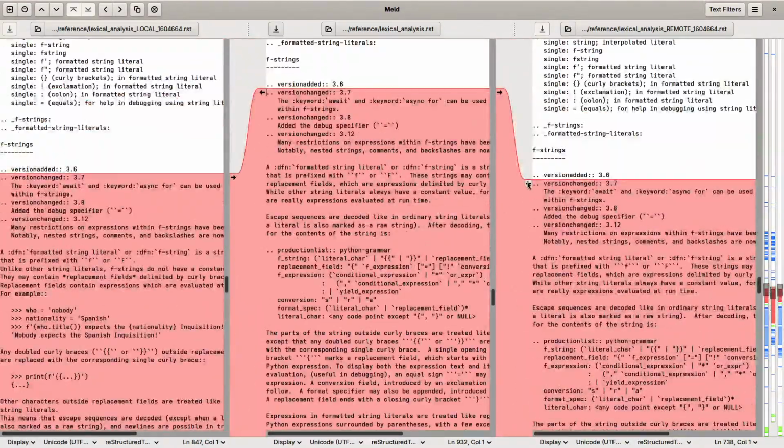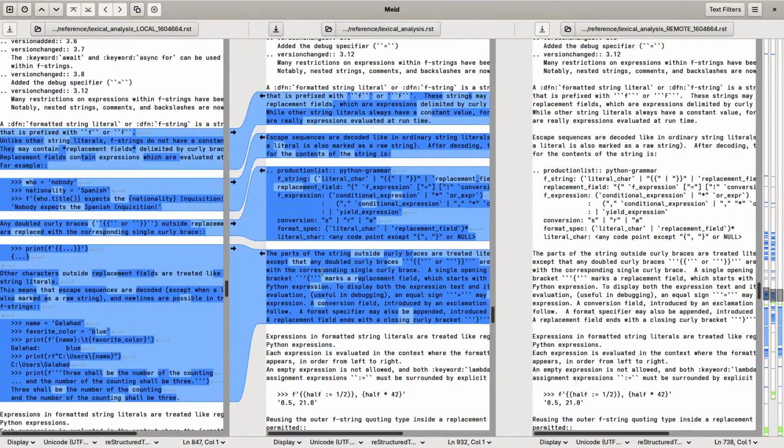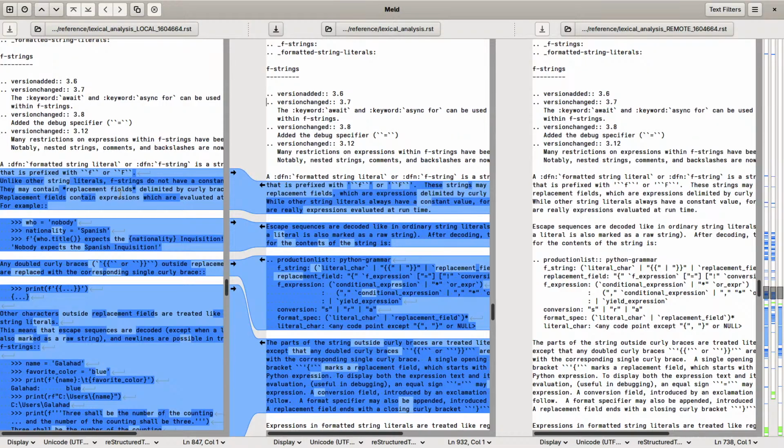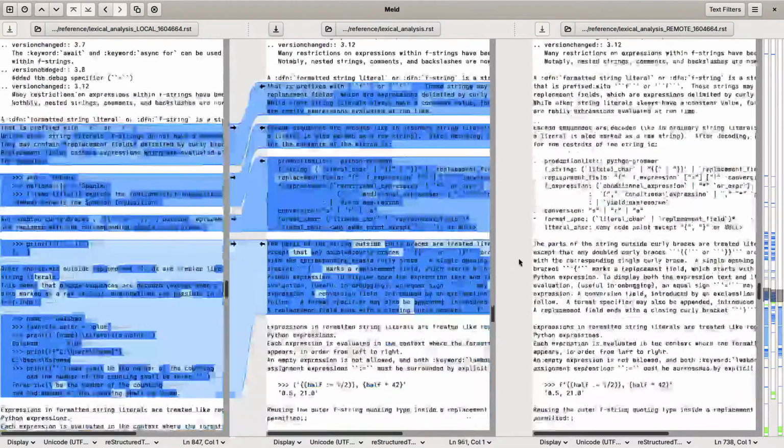Now what is this? How does that differ? Ah, this is f-strings now. So now we probably want to take our changes and somehow merge them with the original.